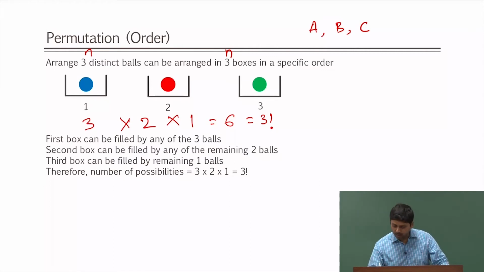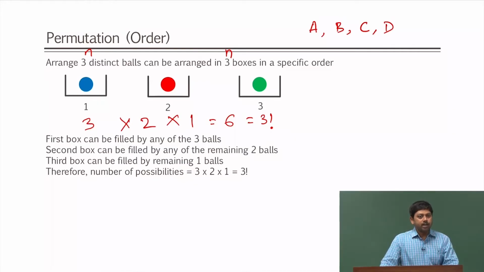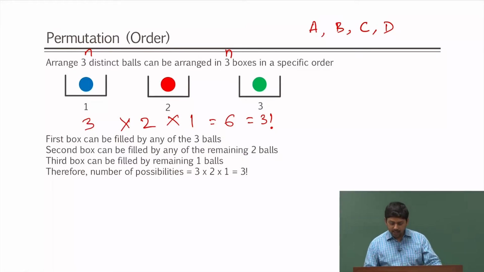If I tell you that you have A, B, C, D, how many 4-letter words can you make out of this? Factorial 4. You can take any of the 4 as the first letter of the word, then any of the other 3 as the second letter. The only condition here is that you are always picking one, not more than one, just like you are putting only one ball in a box, not more than one.